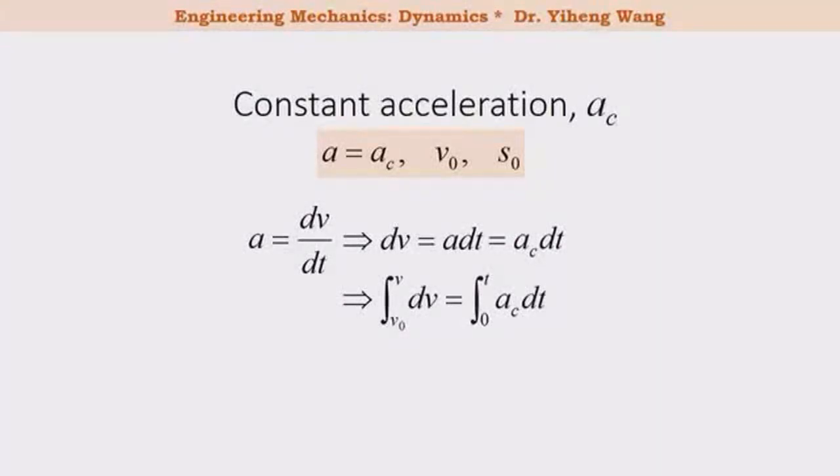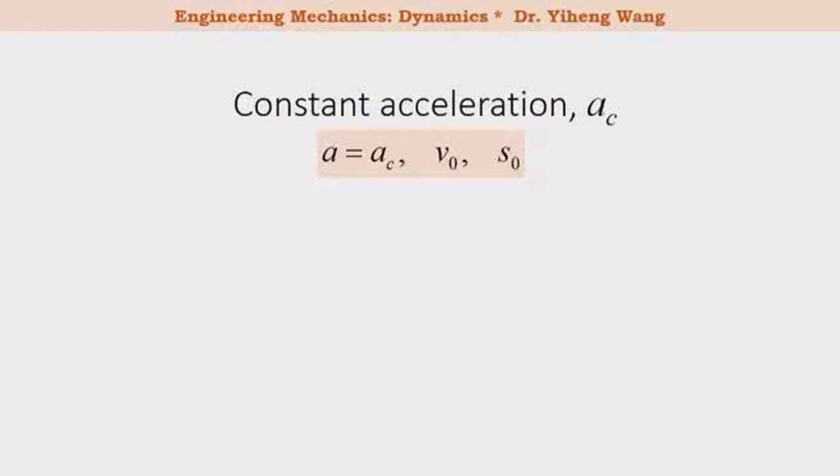On the left side, we integrate from the initial velocity v0, and on the right side, we integrate from time 0. After integration, we get v minus v0 equals a_c times t, which can be rewritten as v equals v0 plus a_c times t. This equation allows us to calculate the velocity of the object at any given time during the rectilinear motion with constant acceleration a_c. Note that in this equation, only v and t are variables; v0 and a_c are both constants.